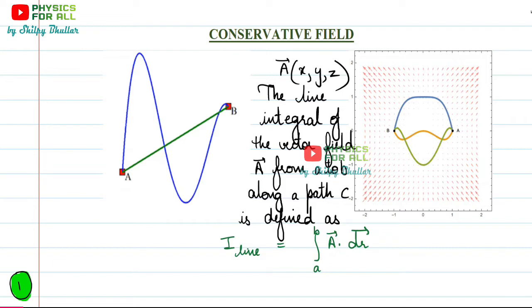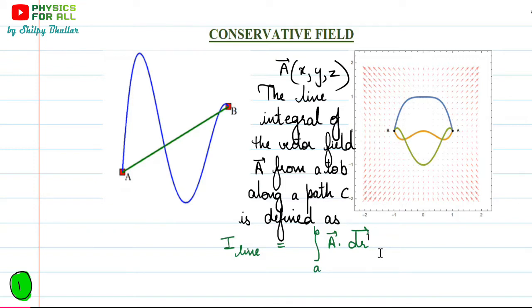Now in this case, as we studied in line integral of vector field, we discussed that the value of integral depends on the path joining these 2 points. We have already discussed this. But there are some other types of fields for which this line integral depends only on the points A and B and not on the path taken. There are such fields present.